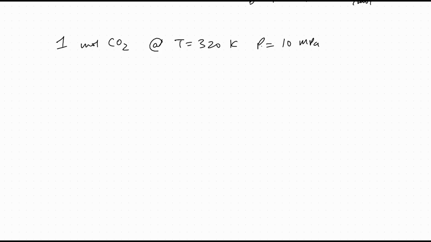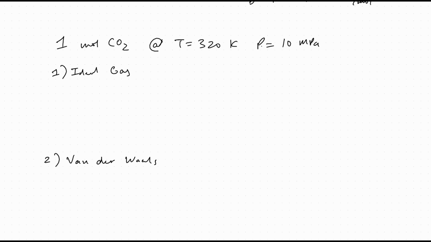Now I want you to find the molar volume using the ideal gas law, and then I want you to find the volume using the van der Waals equation. And then we can compare to see how far or close we actually are.